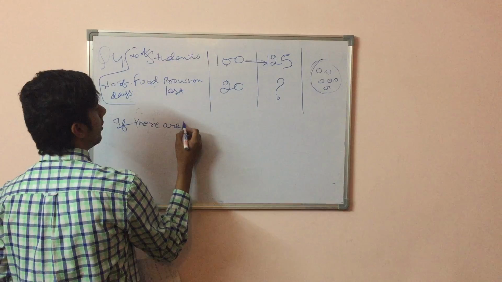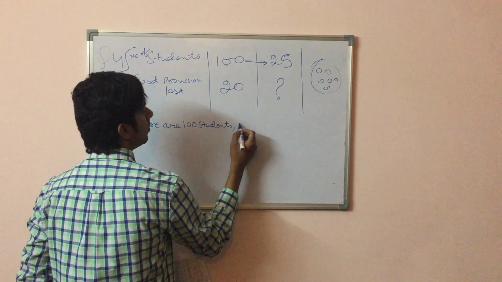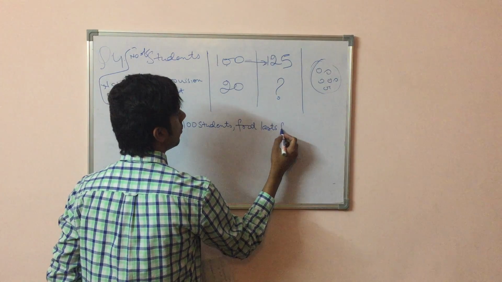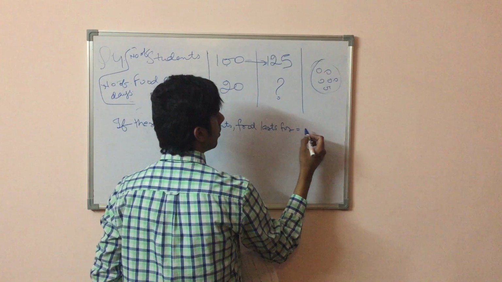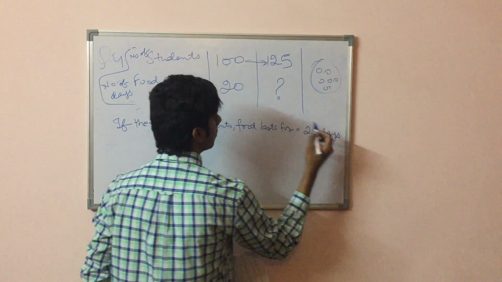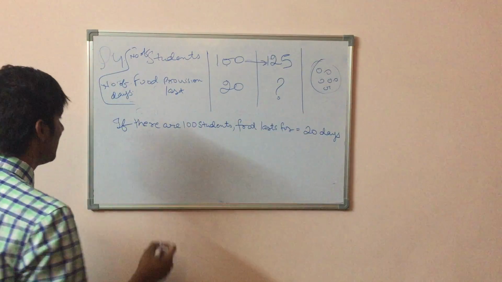So if there are 100 students, food lasts for 20 days.